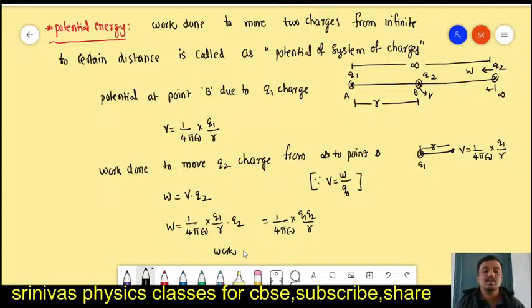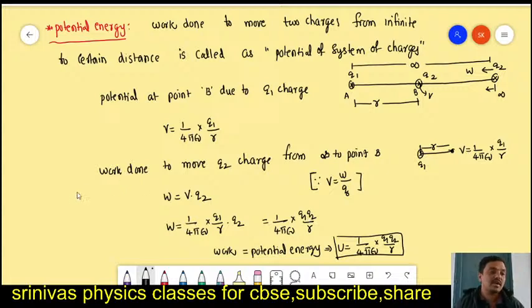potential energy. If you release the charges, then they will move away with this potential energy. The potential energy formula is 1 by 4 pi epsilon naught into Q1 Q2 by R. This is the formula for the potential energy of a system of charges. Don't confuse it with the potential energy of an electric dipole.